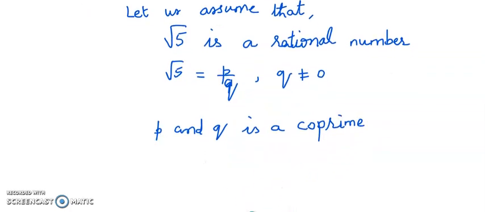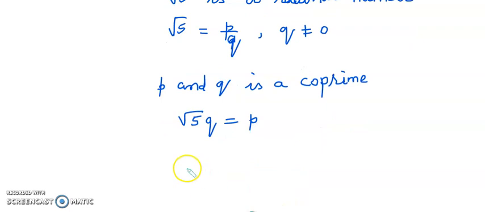Now we'll take this denominator q to the other side and multiply it. So we'll get root 5 q equals p. Now we're going to square the left and the right. Squaring on both sides, it becomes root 5 q the whole square and p the whole square.